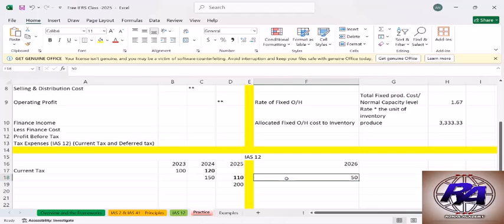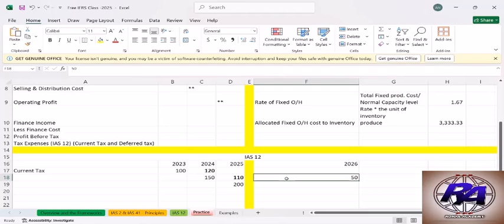So in a nutshell, it's not always the case that we are supposed to pay tax. Be careful. When we end up getting a loss for the period, we can go ahead and get what we call tax credit.